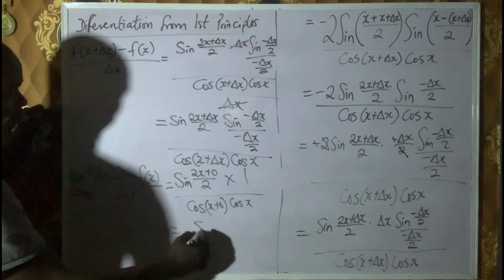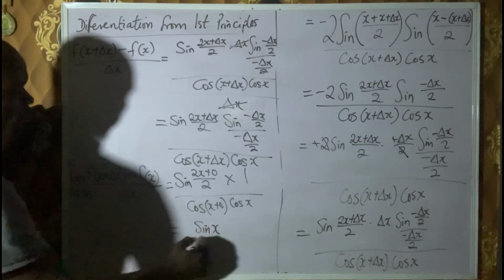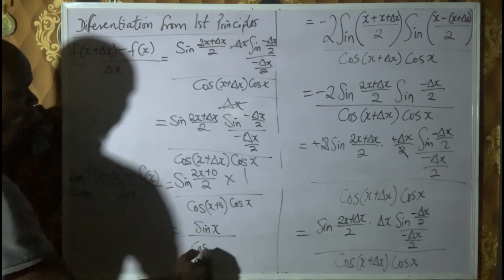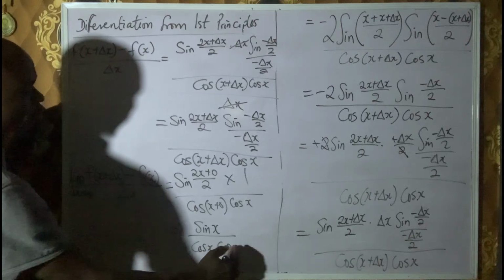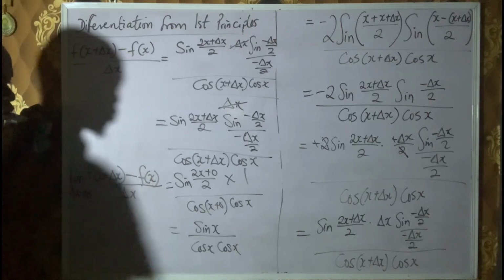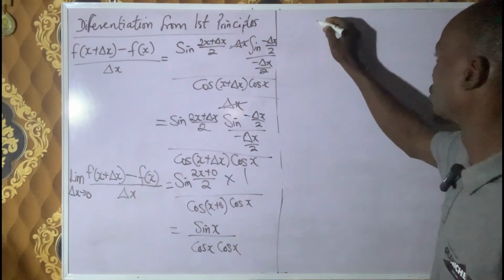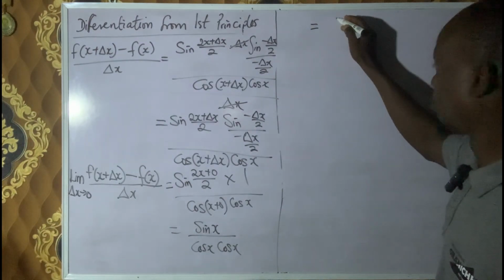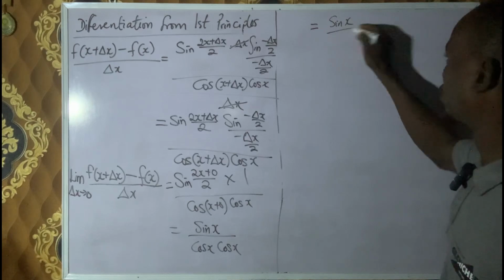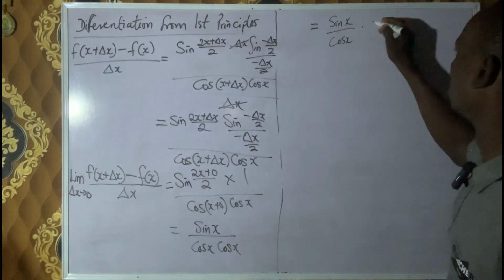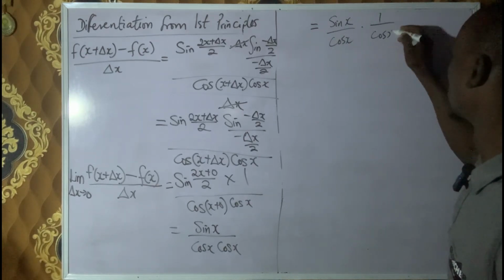So I have sine x over cos x times cos x, since x plus 0 is x. Okay? So now what we have is sine x over cos x times 1 over cos x.